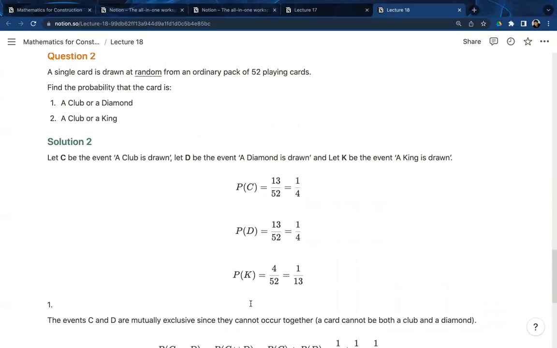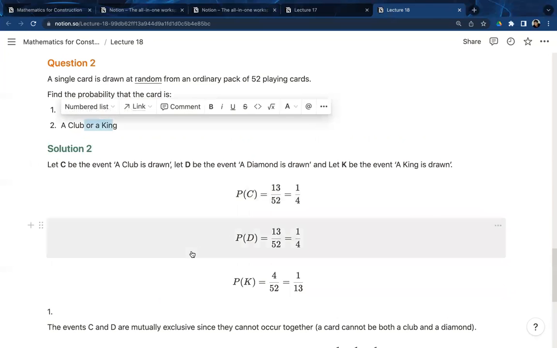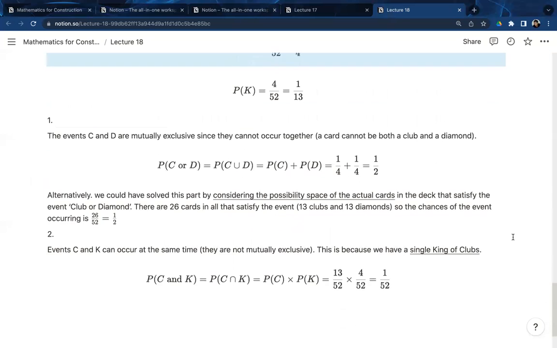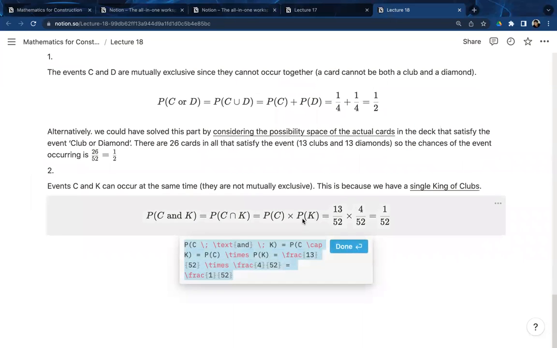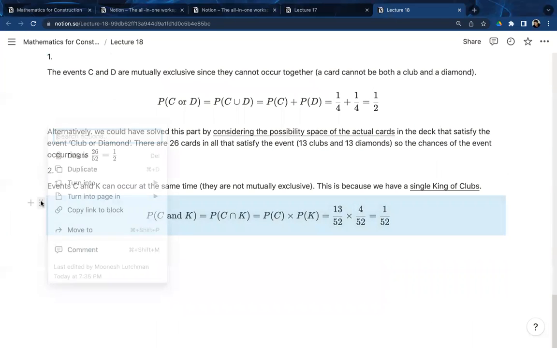And what they're asking for is king or club, right? So they're asking for the union.